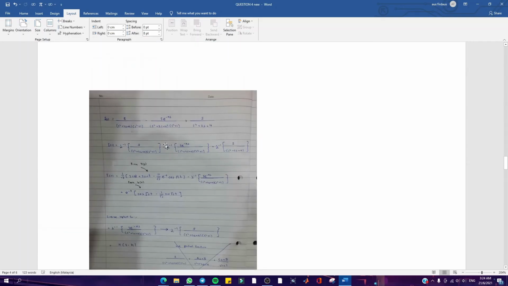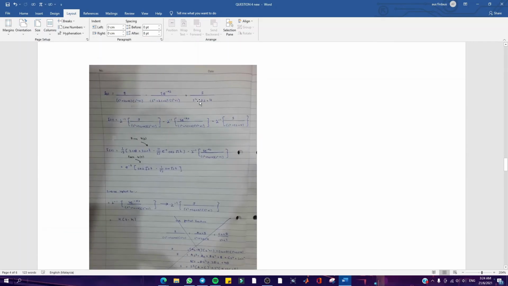And then we need to split into 3, which is here, here, and here. And then we inversely transform each of these 3. So the inverse Laplace for the s over s squared plus 2s plus 4 times s squared plus 1 here, we can get from question 4b.